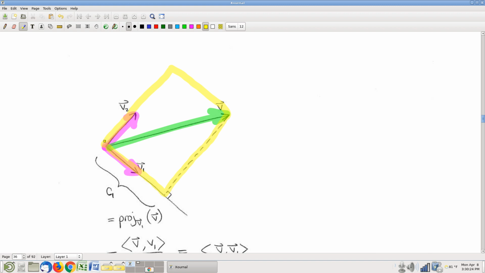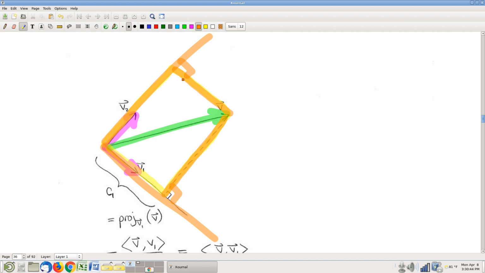And then when you drop perpendiculars, you can see how you are doing closely related calculations. The yellow parallelogram and the orange perpendiculars line up.